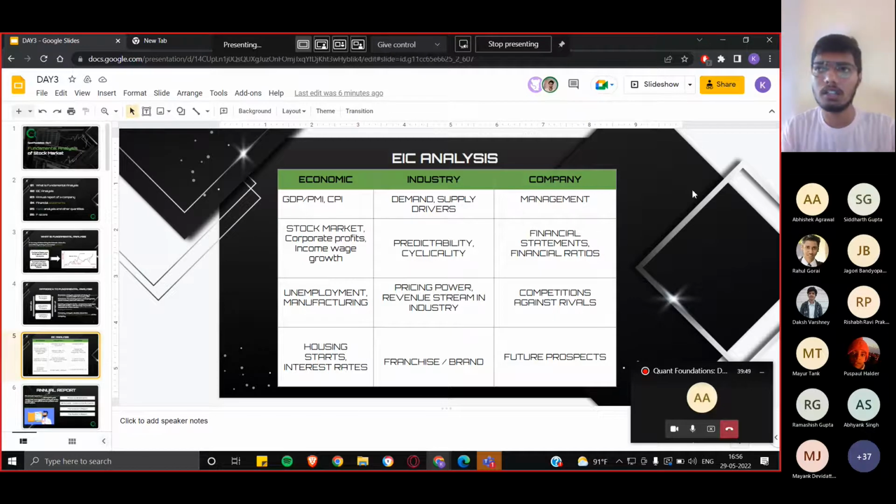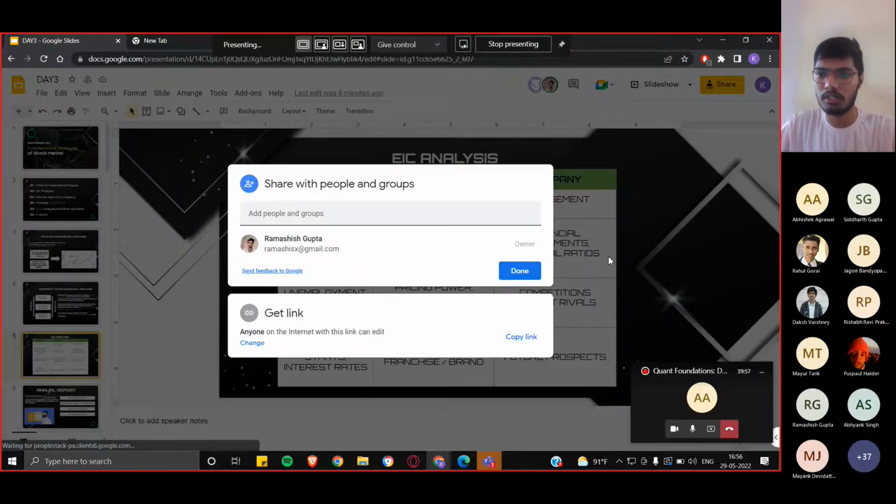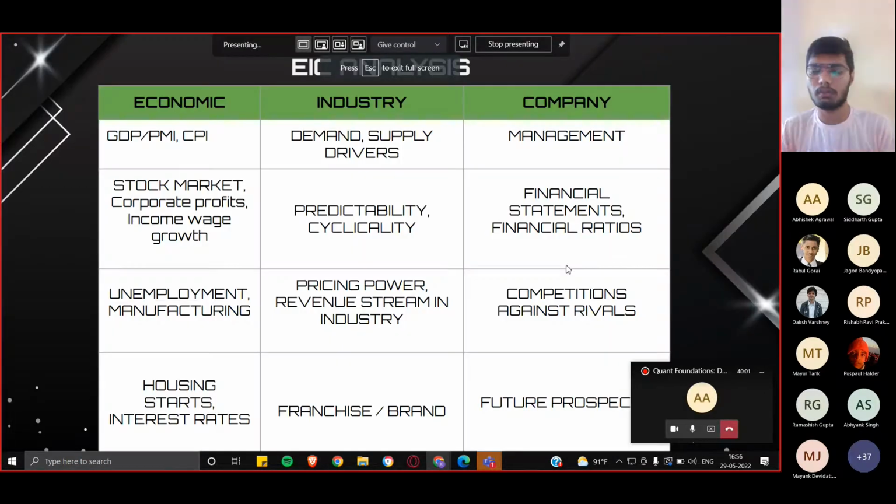Suppose now there was inflation. There was high demand for goods, and that's why the inflation came out. Then RBI increased the repo rates. Because of that, banks also increase the interest rates.